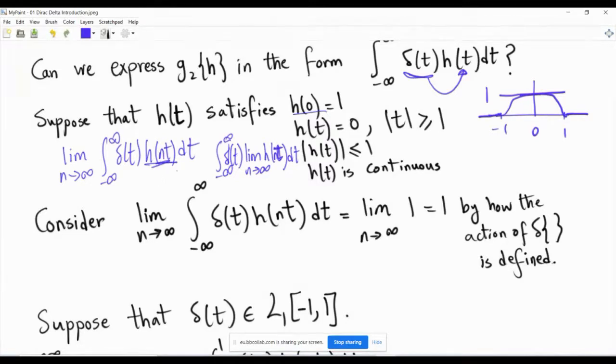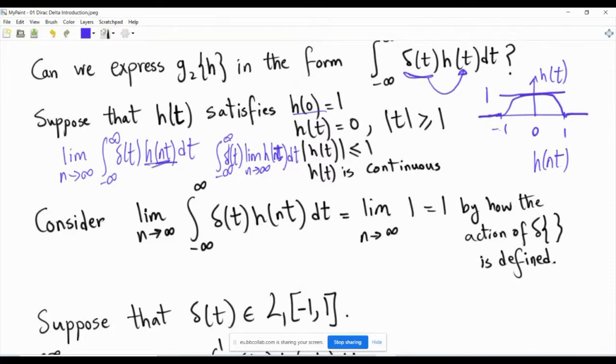N is an integer, and if this is h of t, in the previous lecture we talked about time scaling, and so what is h of nt? It will be a time scaled version of h of t, and since n is a natural number, basically it is 1, 2, 3, and so on. So h of, let's say, 3t. What is h of 3t?